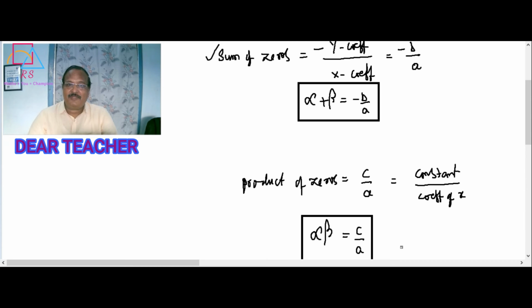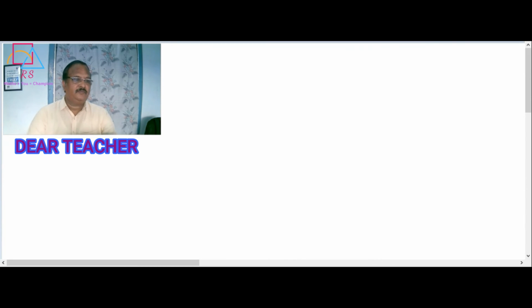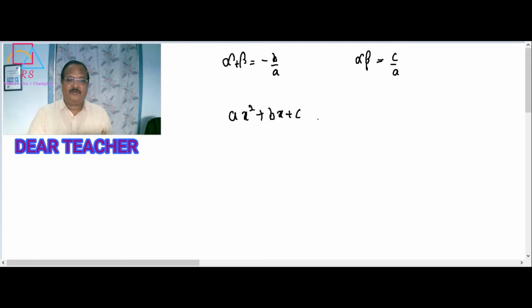Cubic polynomial, we are going to have later. I would like to give you one extra piece of information: how we got these relations, how I got alpha plus beta is equal to minus b by a, and alpha into beta is equal to c by a. I will just write it simply. ax square plus bx plus c is our general form of the polynomial.